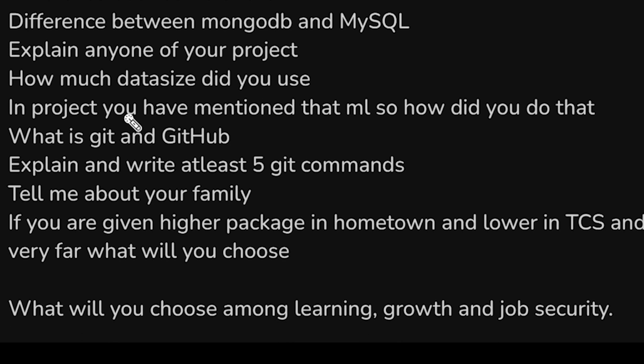Now the next question, in your project you have mentioned ML, that stands for machine learning. So how did you do that?